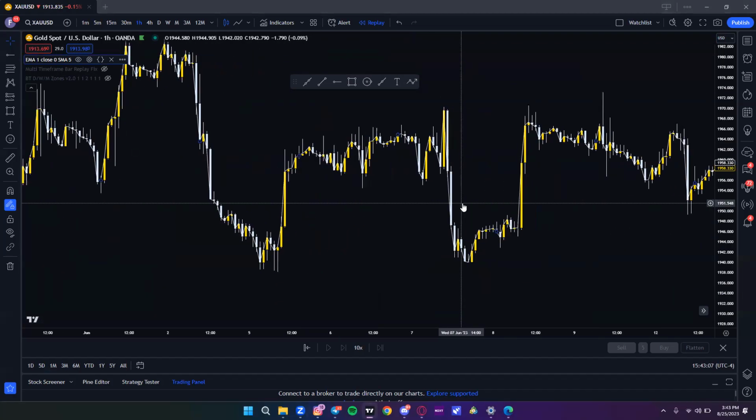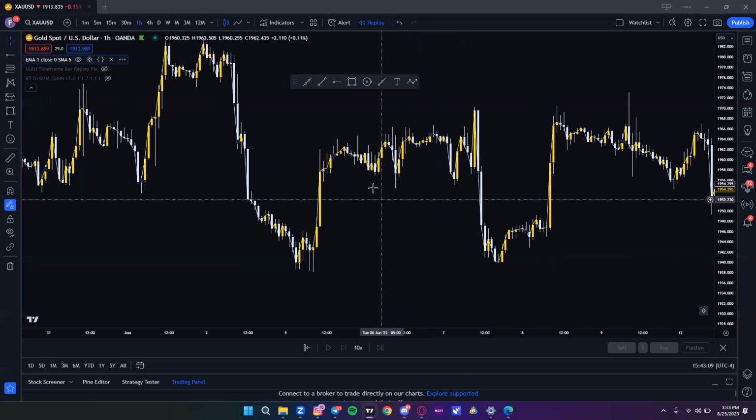Look for type one, two, or three, and then identify what happens when price comes back to them. And then if you get a rejection, then you're going to look for a trend line.